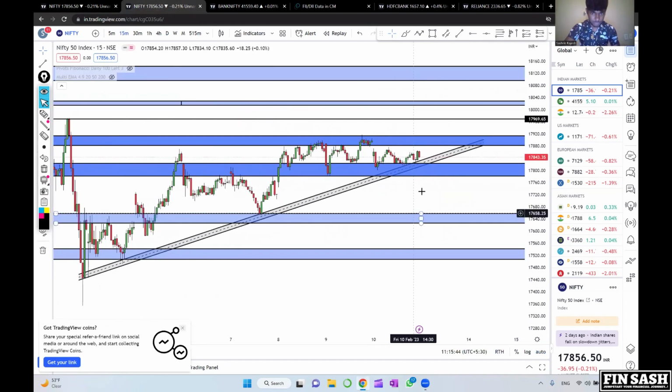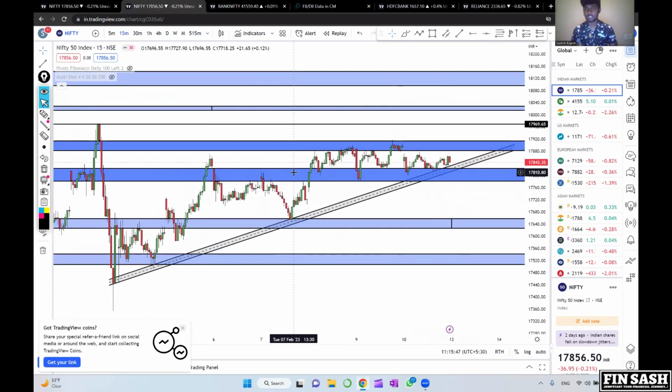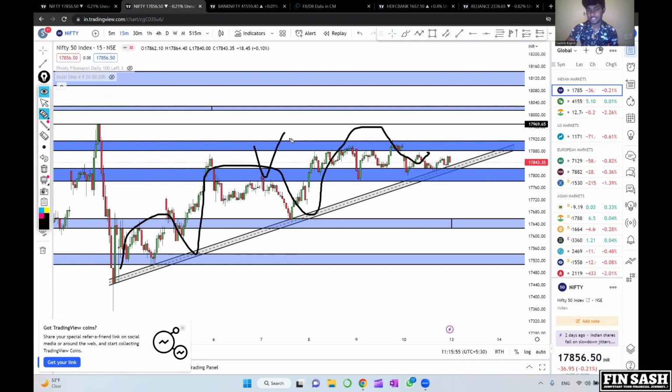All right, let's move to our plan of action. Let's move to our levels. This is Nifty on the 15 minutes time frame. Nifty has been making higher highs on the lower time frame, but the market's been kind of sideways. There are two types of movements in the market.